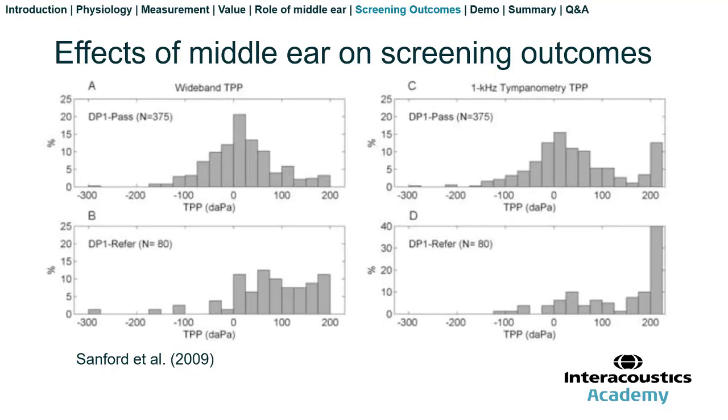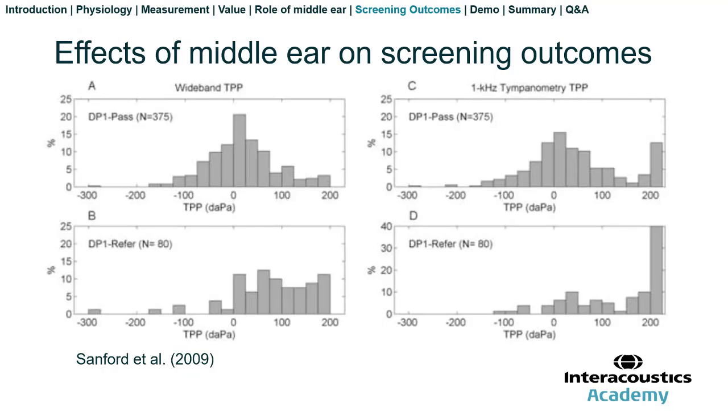So in other words, the likelihood that you're actually testing the integrity of the cochlea is very much affected by the sound conduction pathway. These results suggest that negative middle ear pressure can impact passing rates for newborn hearing screenings using distortion products.